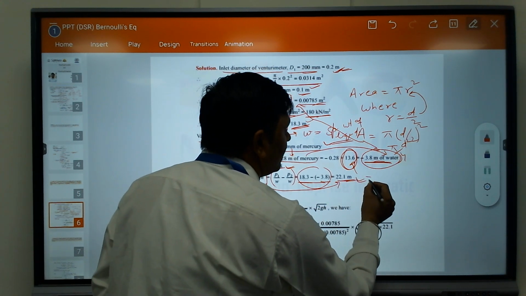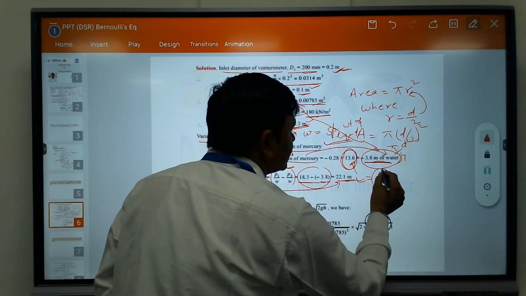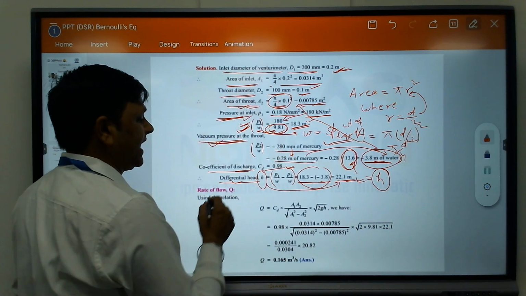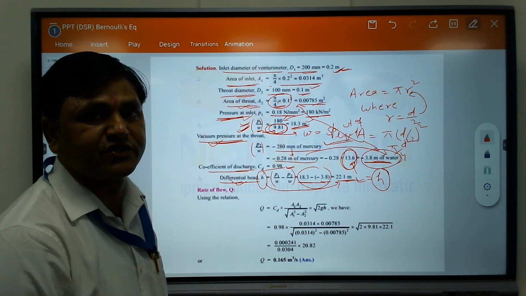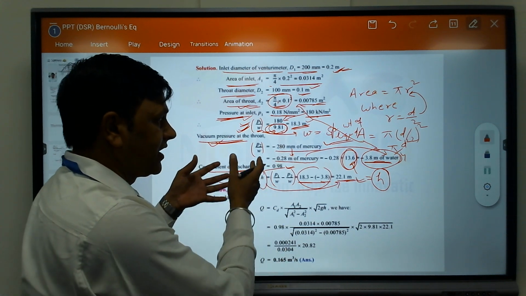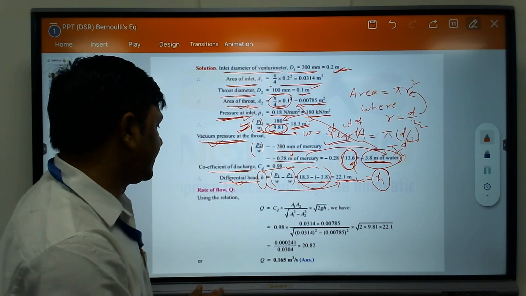This is the value of H. This is the differential head, which is used in the equation of the Venturi meter.